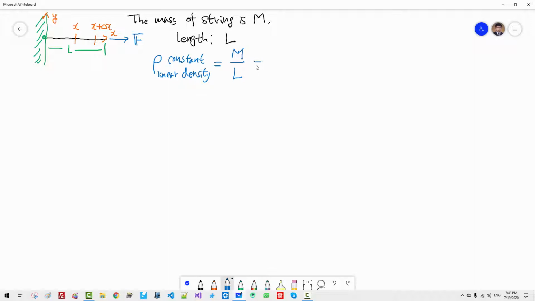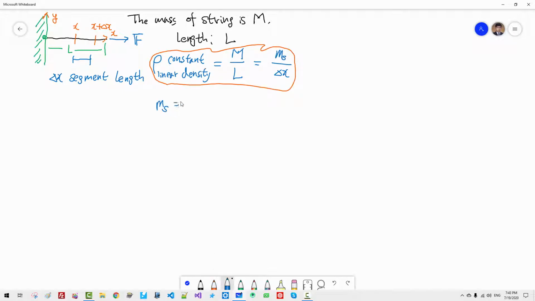So we can say delta X is this length, the segment length. Its mass, the segment mass. From this equation, we can say m_s, the segment mass, equals delta x rho. This is our equation 1.